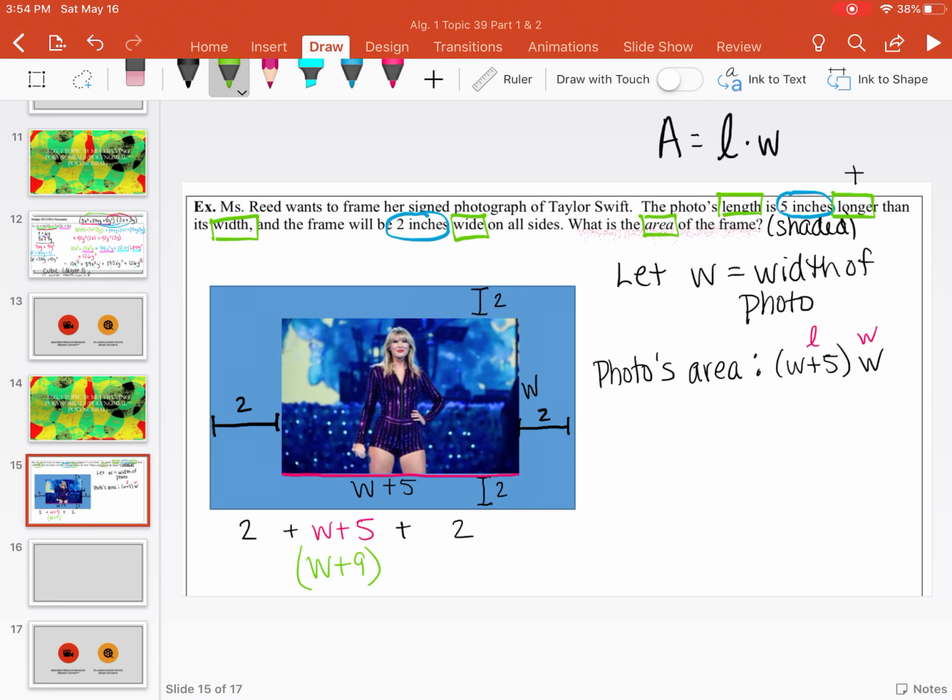For the width of this entire frame, we have 2 plus W plus 2, which gives us W plus 4. So for the total dimensions of the entire picture including the frame, we have W plus 9 for the length times W plus 4 for the width.